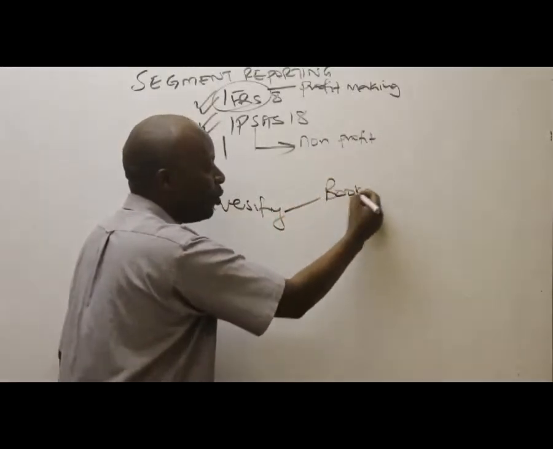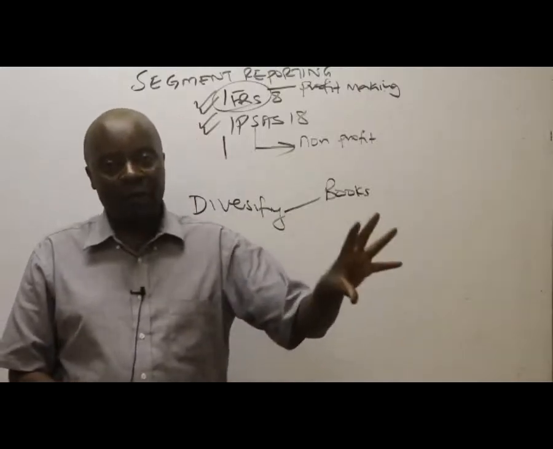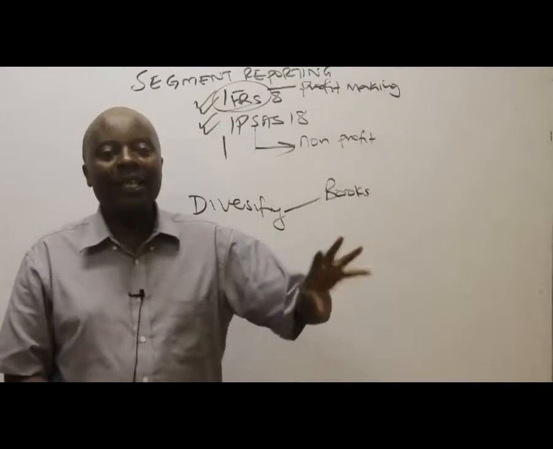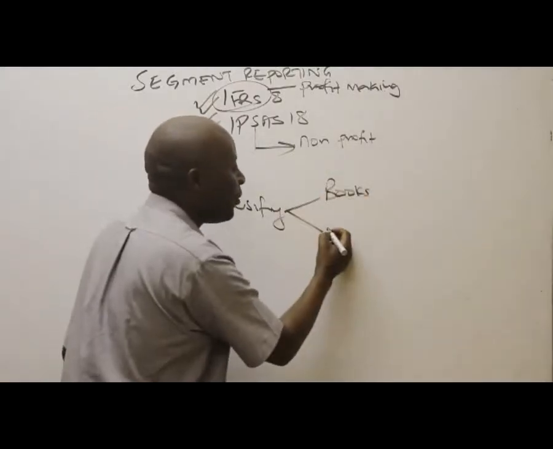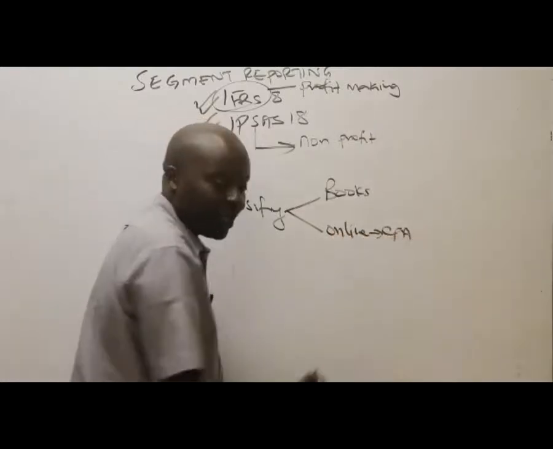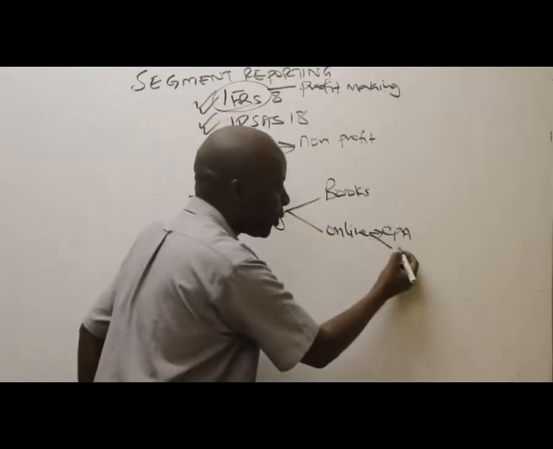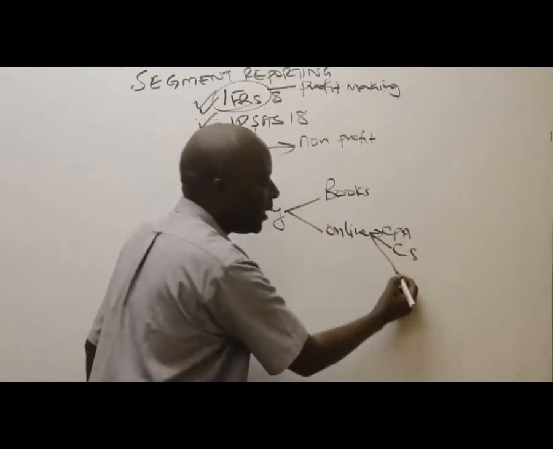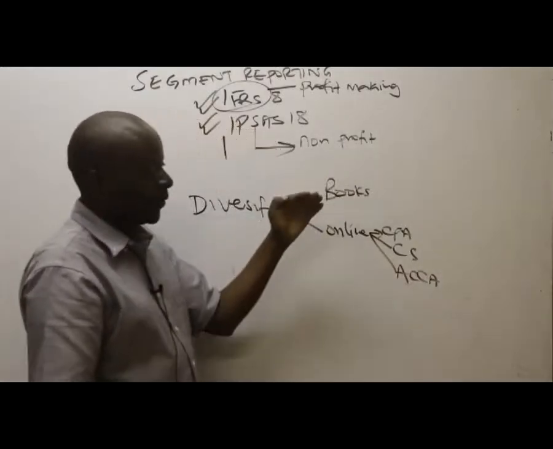I always keep my finger on my book revenues to see whether they are growing every other day. Then we have these RCM online classes. For so long, we have only been doing CPA. Now for purposes of diversification, we have introduced CS this time round, and ACCA. ACCA now is taking us to the international markets.